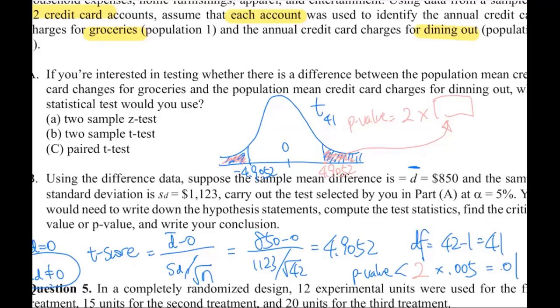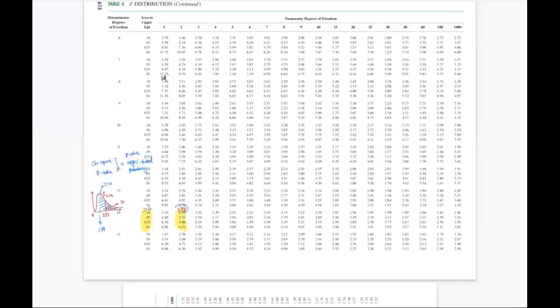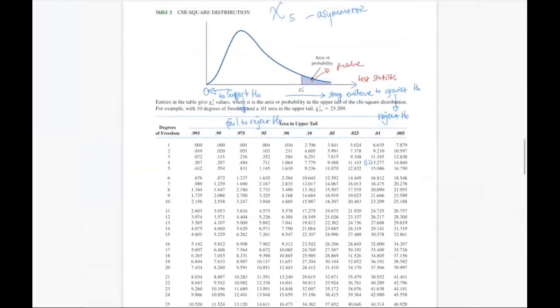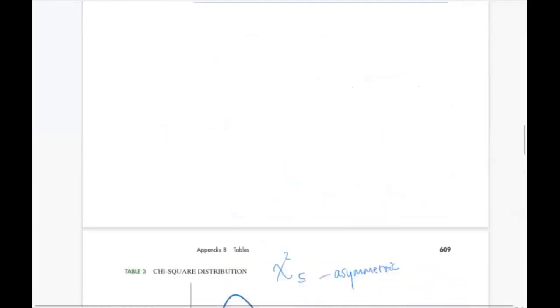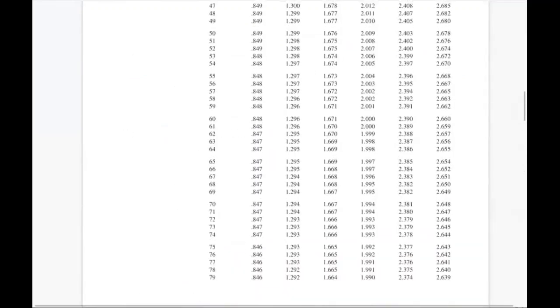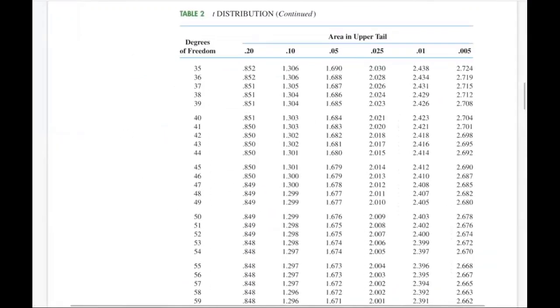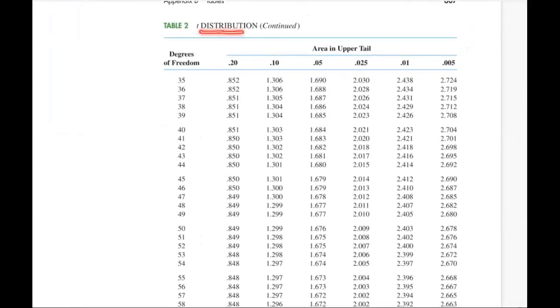Okay, so let's go back to our t-table. That's the second table we learned. Also, this is a chi-square, I was wrong. T distribution, 41 degrees of freedom right here. We are looking for 4.96.